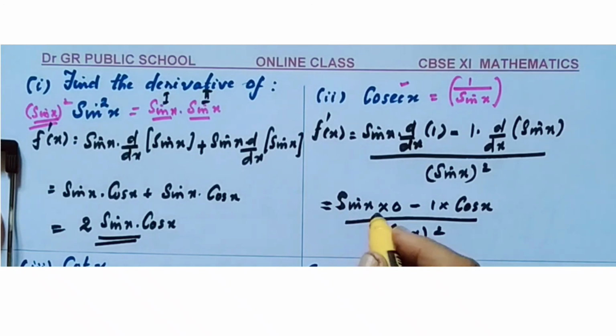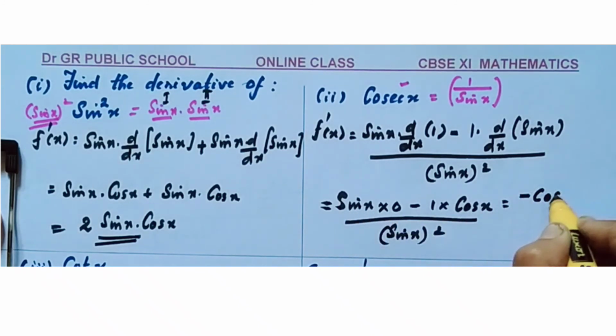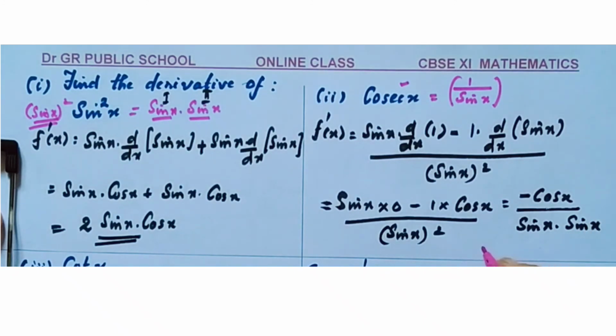Sin x into 0 is 0, so only minus cos x comes in the numerator, over sin x the whole square, which you can take as sin x into sin x.